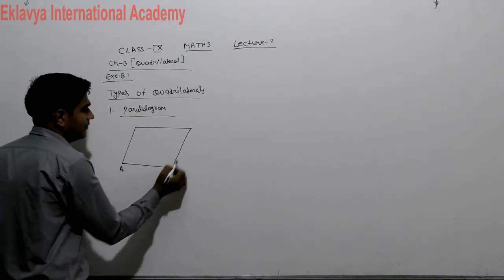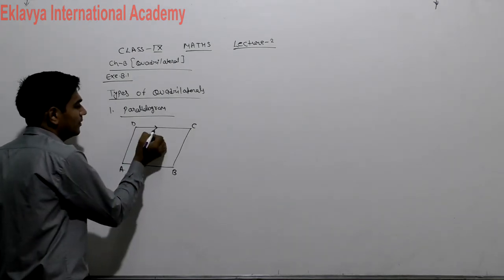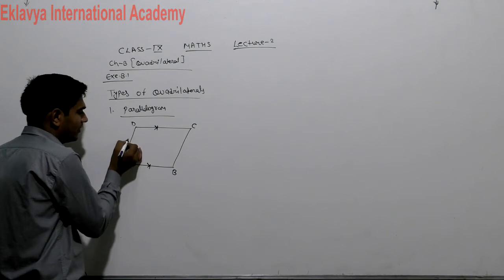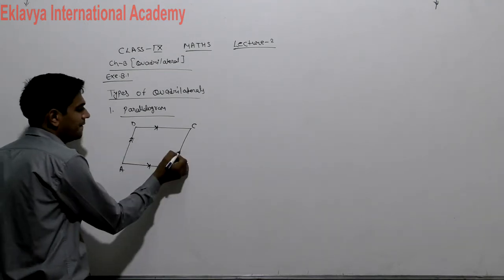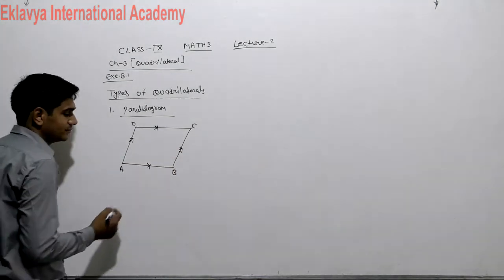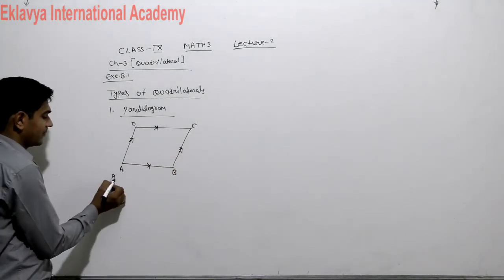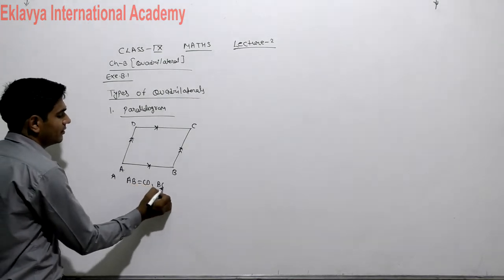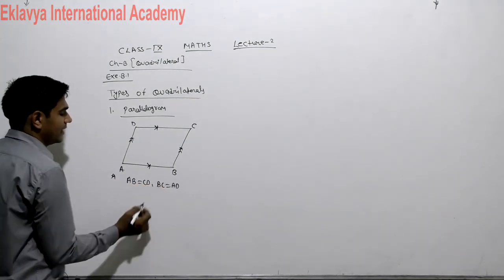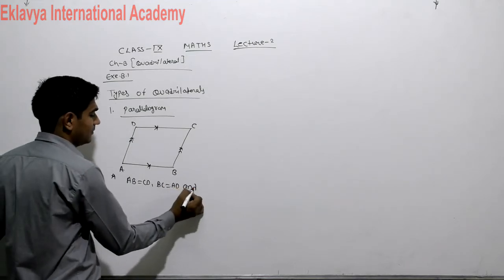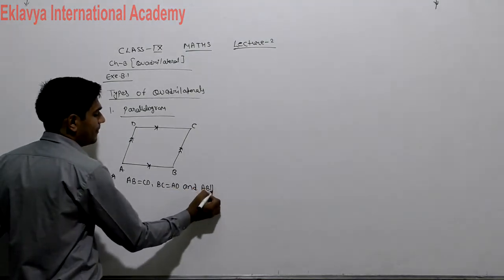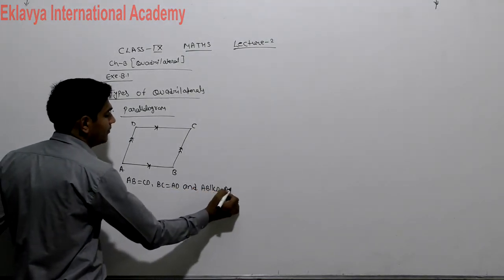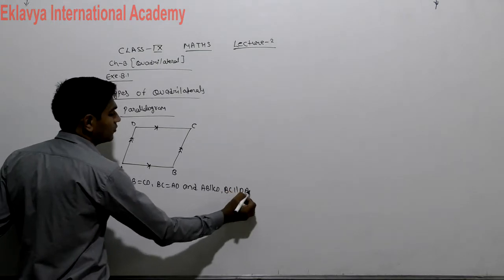ABCD is the parallelogram, opposite sides are equal and parallel. So first property: AB is equal to CD, BC is equal to DA, and AB is parallel to CD, BC is parallel to DA.